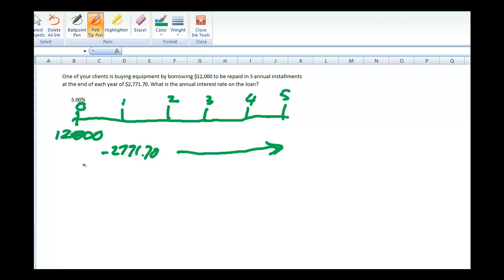So our formula is going to be, we're going to set the amount we borrowed, which is $12,000, equal to our payments of $2,771.70, and in order, if we were calculating what our amount borrowed would be, if we knew our present value interest factor, we'd have to multiply it by that.